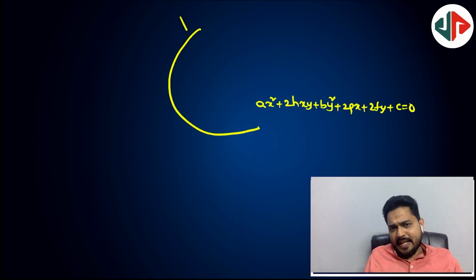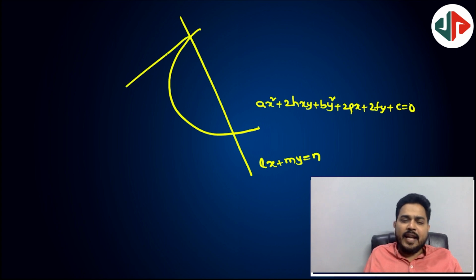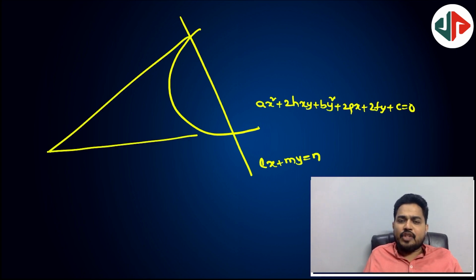A line is intersecting this. This line is like Lx plus My is equal to N. I need to find the combined equation of OA and OB. What is the combined equation of OA, OB?